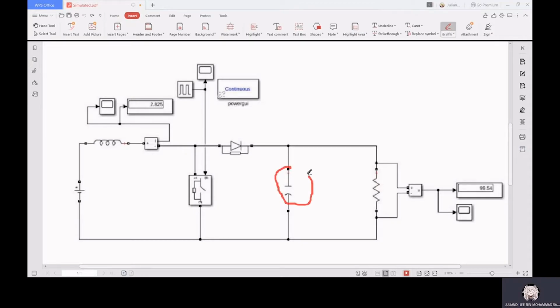It charges the capacitor to the input voltage. However, it is charged to the value of Vs minus Vd due to this diode here.